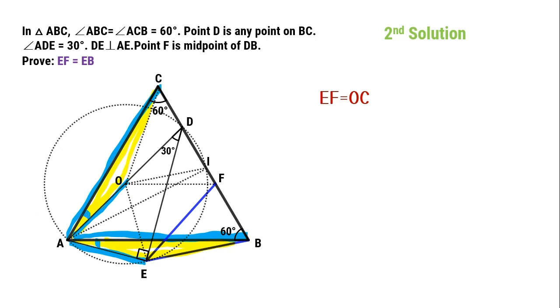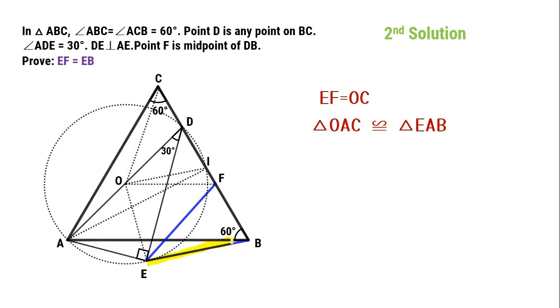From the SAS theorem, triangle OAC is congruent to triangle EAB. So we can get EB also equals OC. Now we get the result: EF equals EB.